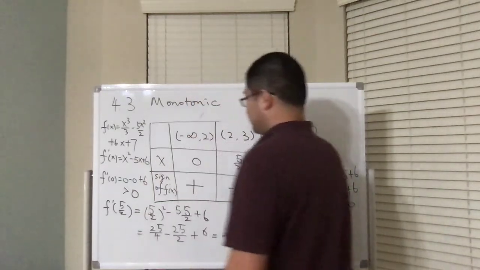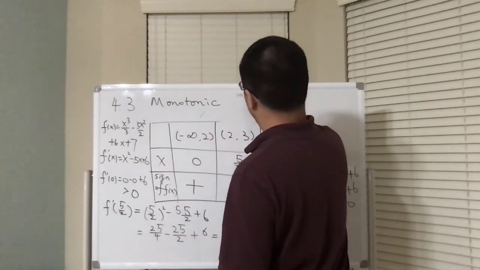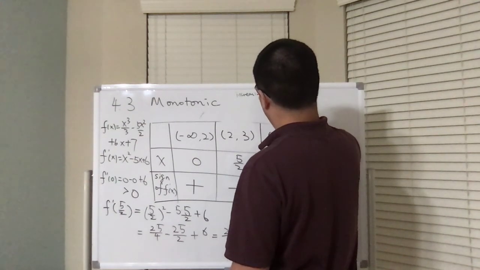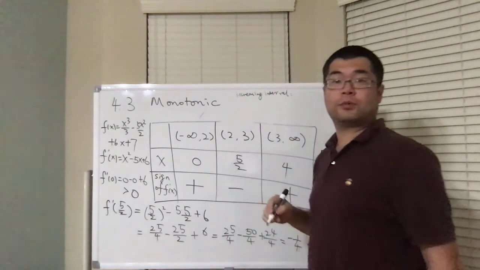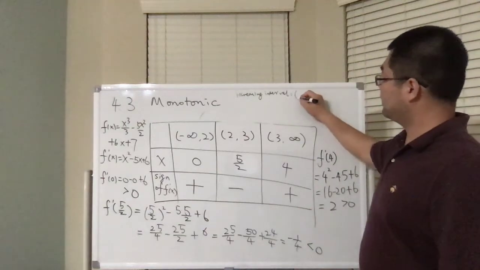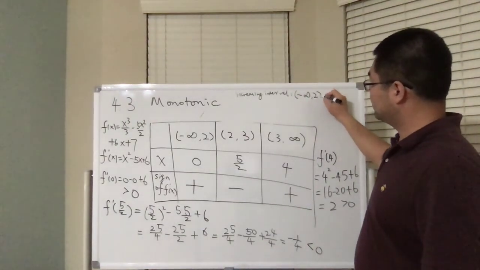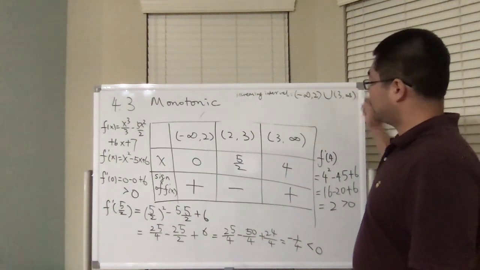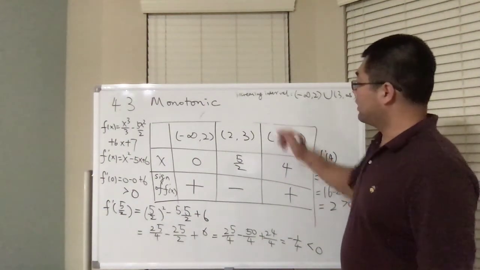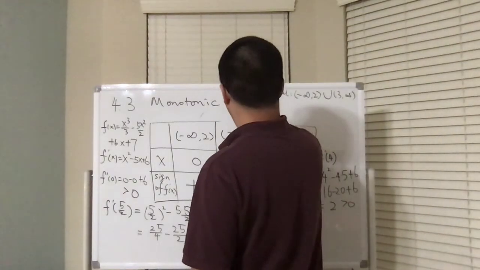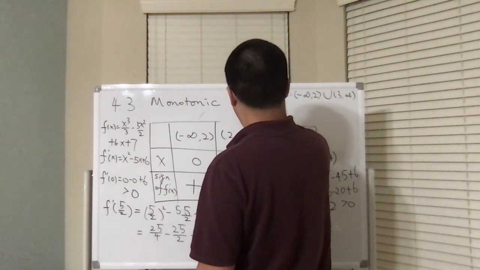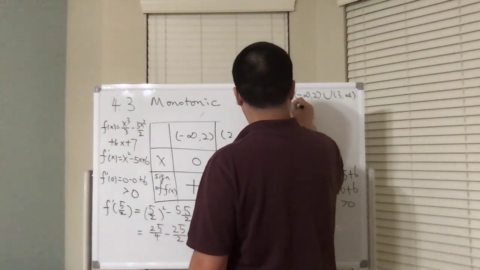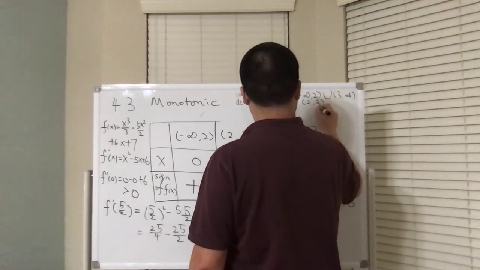So this is the conclusion. The increasing interval is from negative infinity to 2, union 3 to positive infinity. And then the decreasing interval is from 2 to 3.